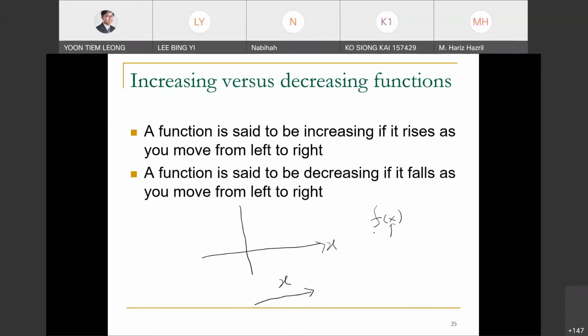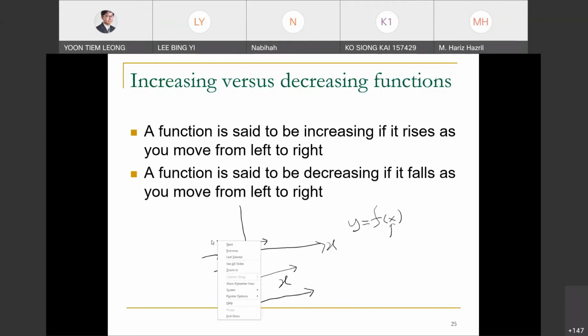When x is changing from, say, minus 10 to a direction which is positive, to the right of minus 10, then the values of the function y will change as well, right? So when the change in x is in the increasing direction, what happens to the values of y?